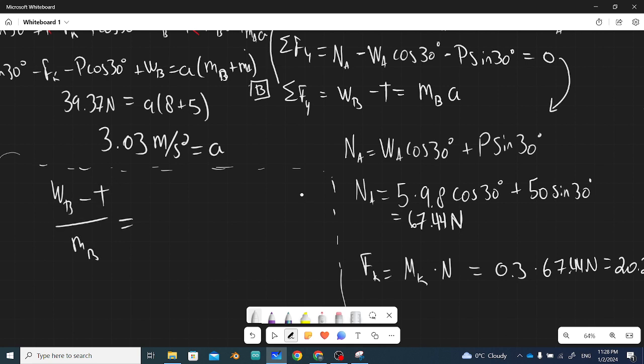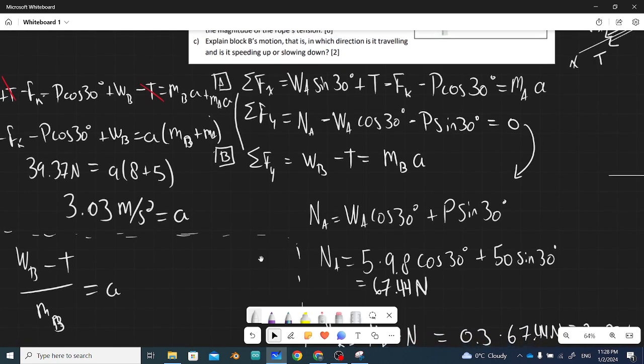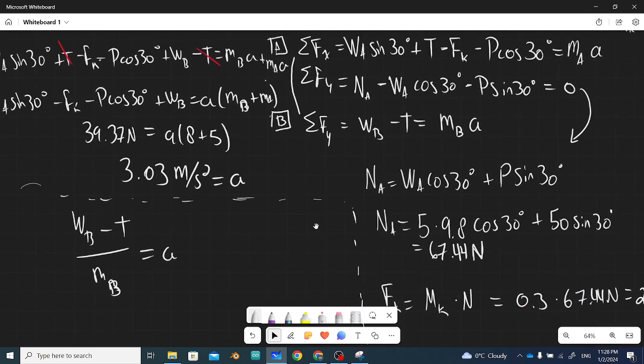That gives us A. And then we could plug it back into equation A. So this equation, I'm just going to copy it right over here, copy all that.